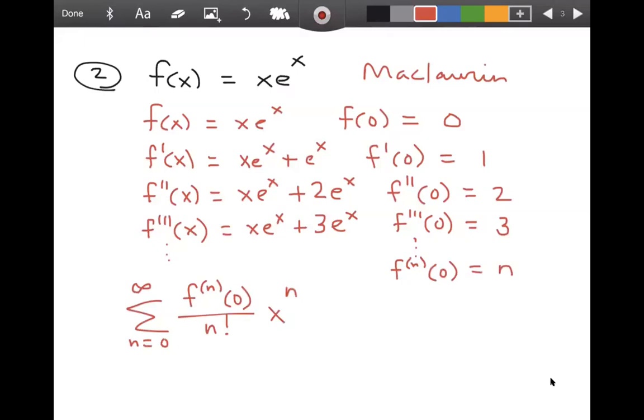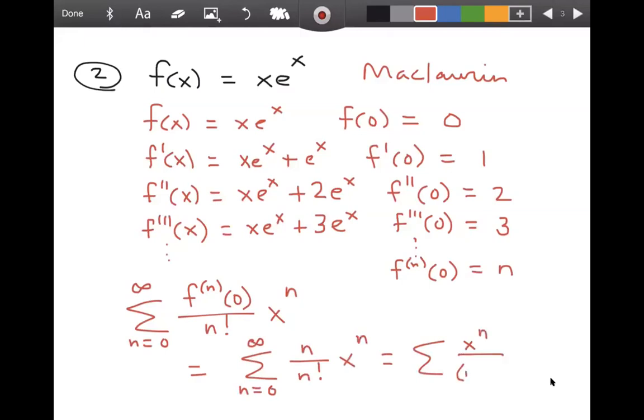And now that we have a nice formula for the nth derivative of f at 0, we can just fill that in. The nth derivative of f at 0 is n. And n over n factorial is just 1 over n minus 1 factorial, isn't it?